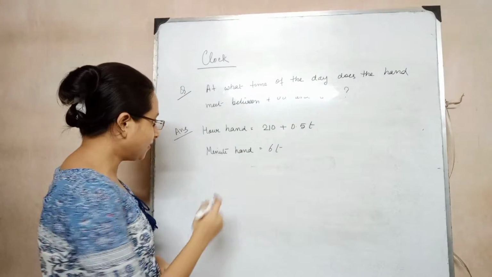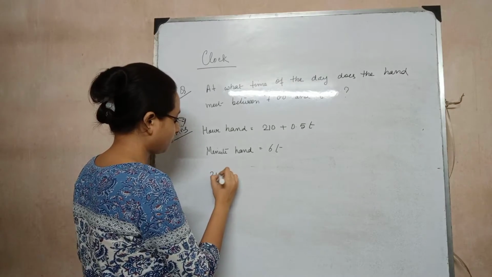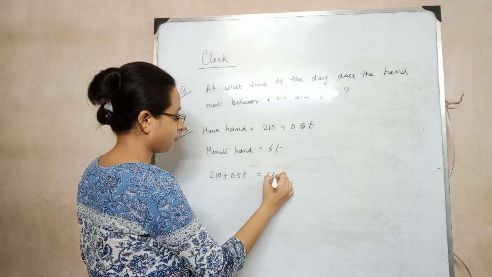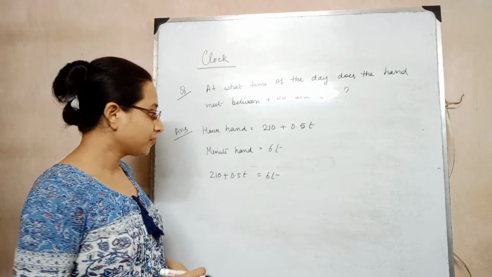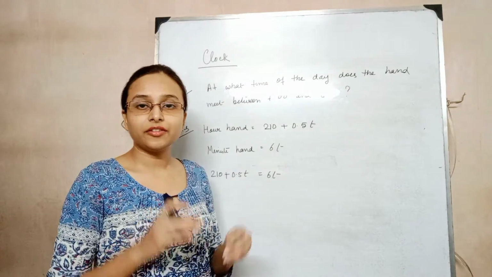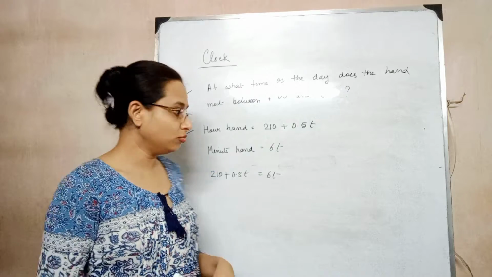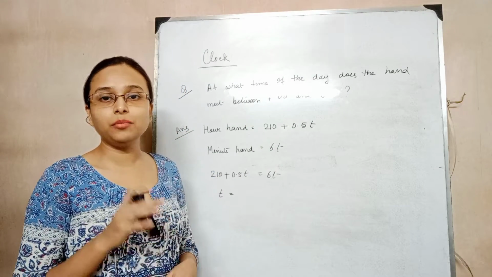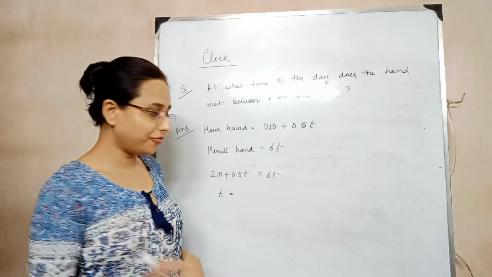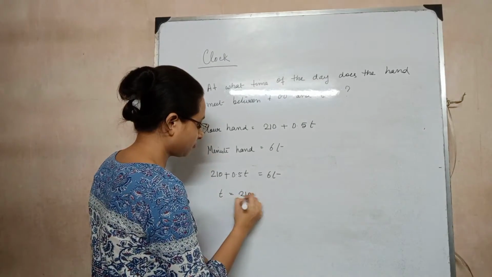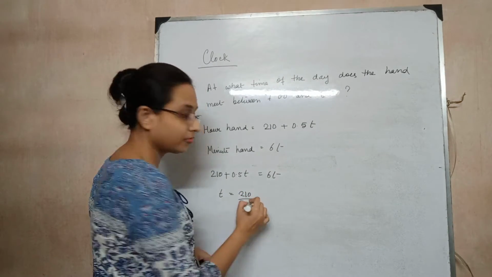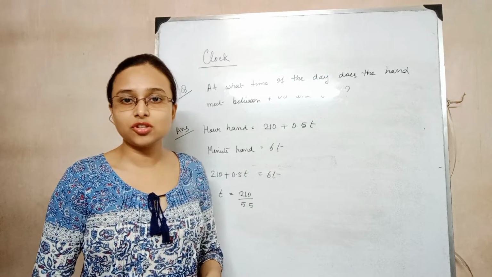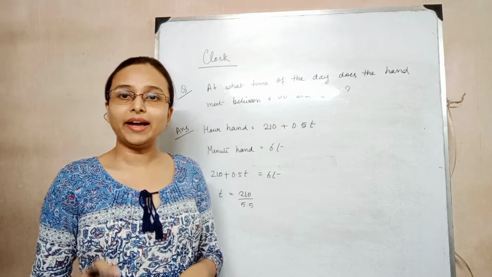Now, equating this, the value of t comes to 210 by 5.5. Right? After doing the division, we get 420 by 11.